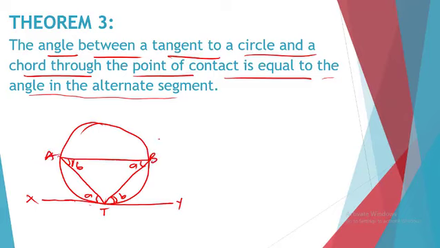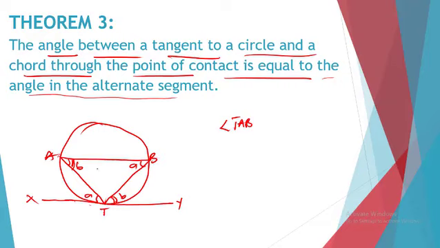The theorem states that the angle between a tangent to a circle and a chord through the point of contact is equal to the angle in the alternate segment. Look at what it's saying. Looking at the angle here, we have triangle TAB. Is that correct?